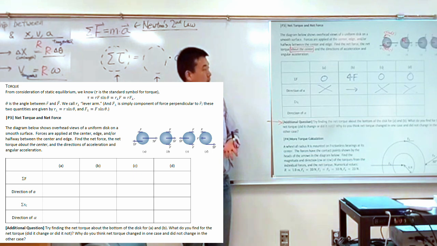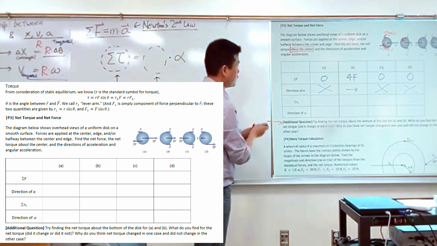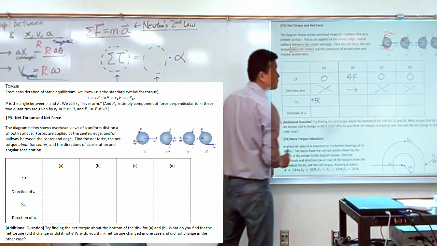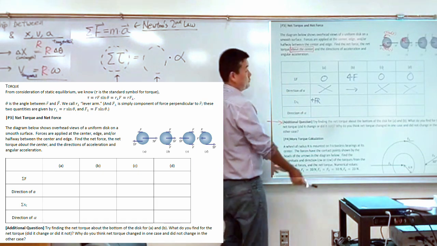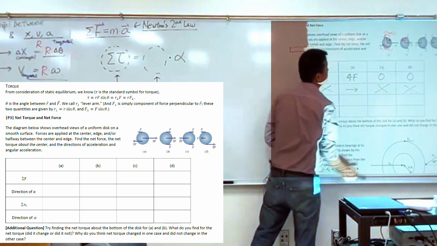So now what I'm going to write down is force times the distance for each one of them. The very first force will be plus Fr, the plus for the counterclockwise direction, and here the distance is r.